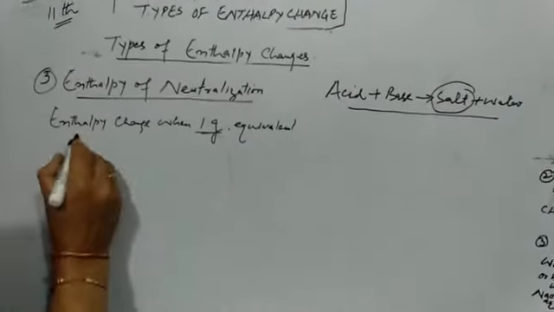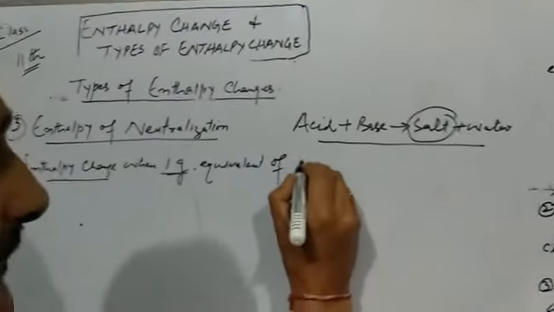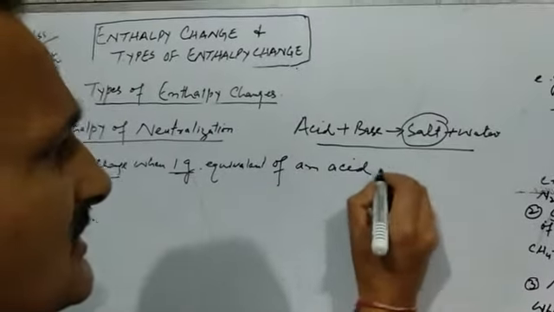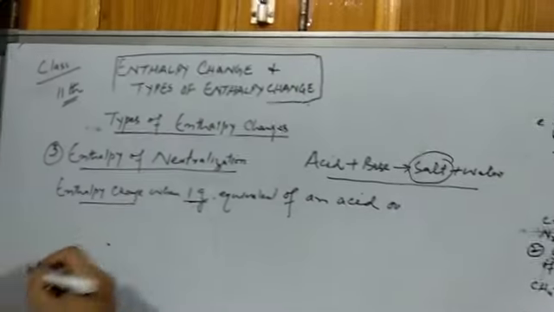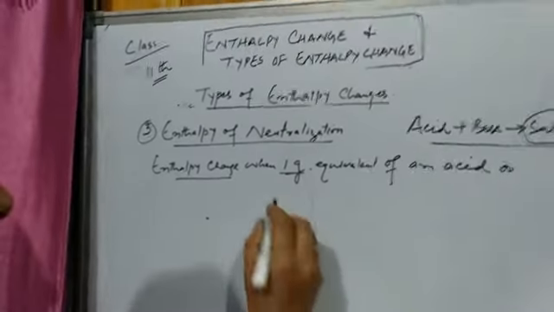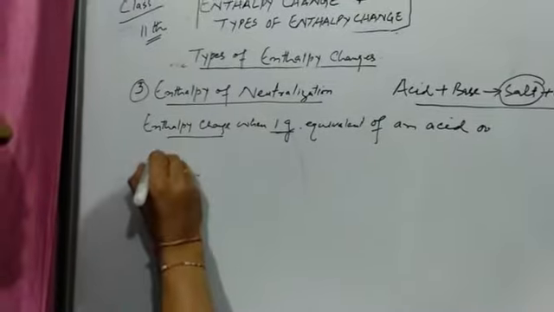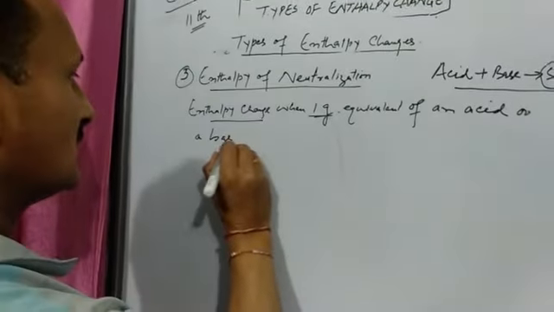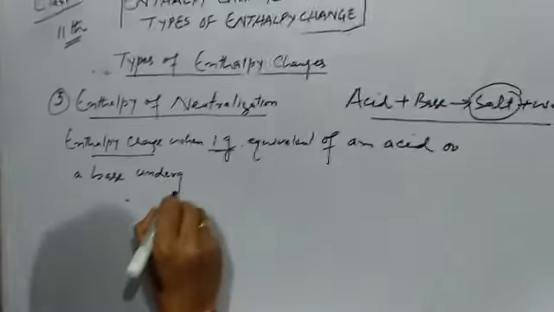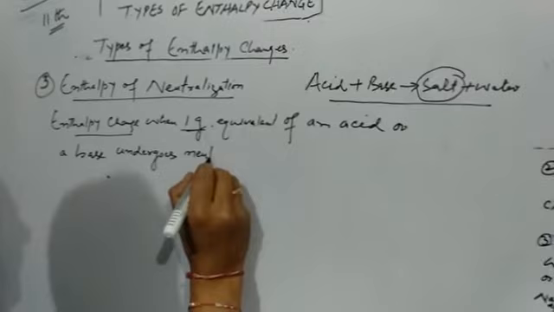So it is enthalpy change when 1 gram equivalent of an acid or a base undergoes neutralization, that means they form salt and water.